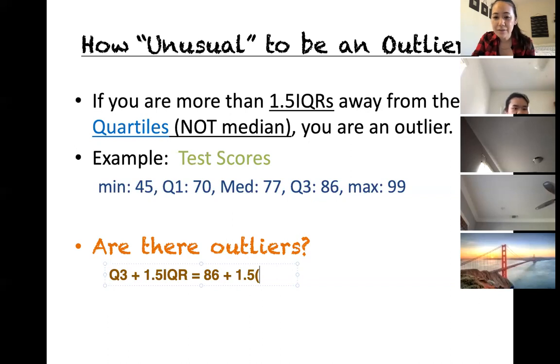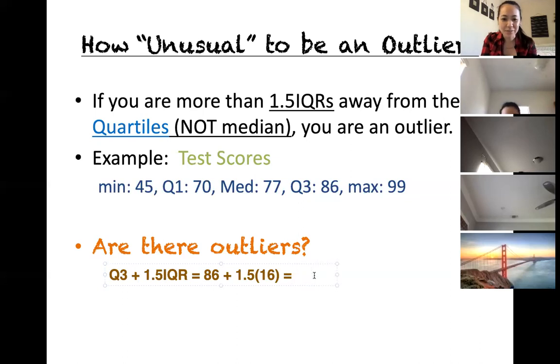You have to do Q3 minus Q1. Good. So what is Q3 in this case? Sorry, I couldn't see that. 86 minus 70 is 16. There you go. That's okay. So 86 minus 70 gets you your IQR, 16.